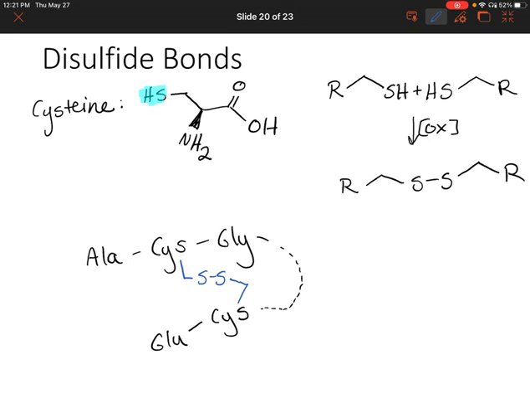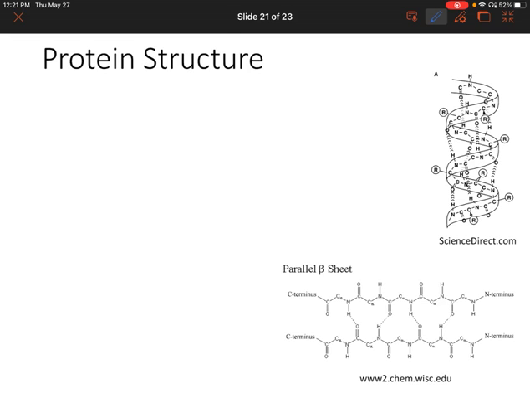Okay, so let's talk about protein structure. There are 4 different types of structures that we can refer to for a protein. And remember, proteins are just extra long chains of amino acids. The primary structure of a protein just refers to the basics.